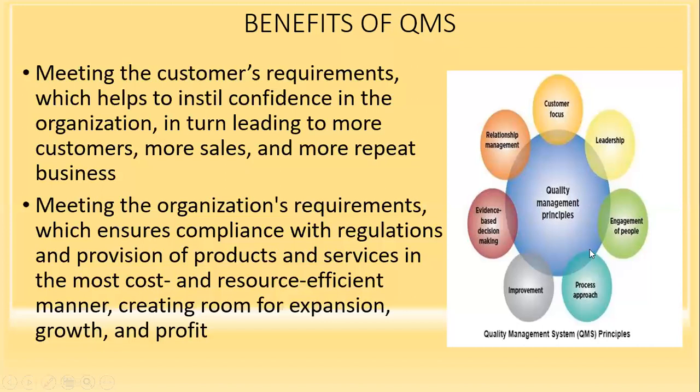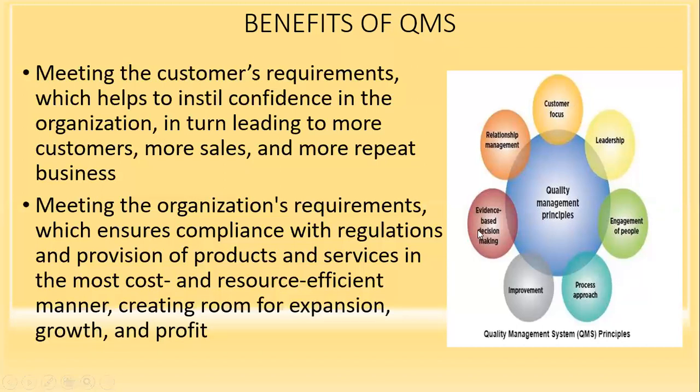Right? If you just look at the diagram, you can see the quality management principles. The first and foremost is customer focus. So when the focus is upon customer satisfaction, then what happens in a company? All these things: good leadership qualities, engagement of people in a proper way, a right process approach, and always improvement at each and every stage.